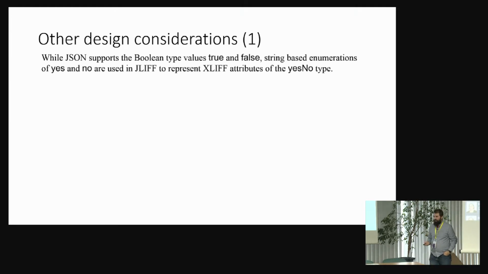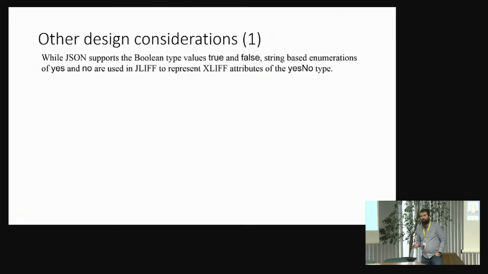Well, we have some values that would seem Boolean in XLIFF. They have just yes/no values. We thought in the object model that they would be Boolean because they are just flags, right?